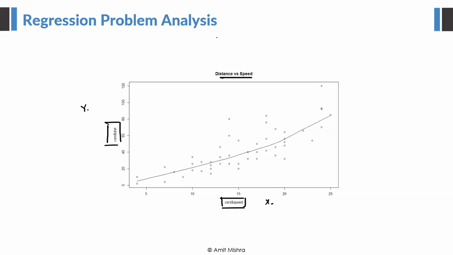The relationship is y equals beta naught plus beta 1 into x.